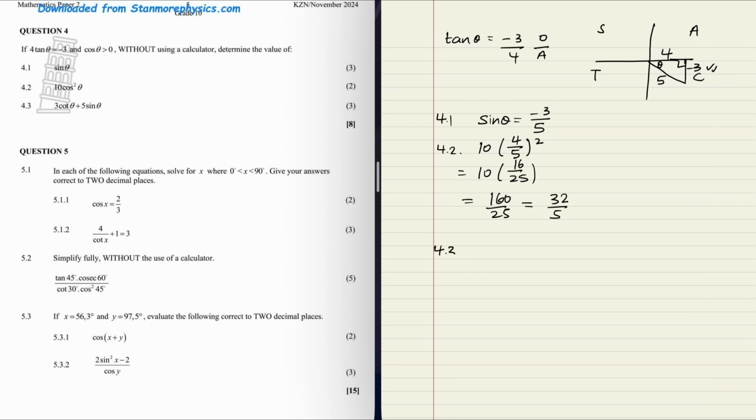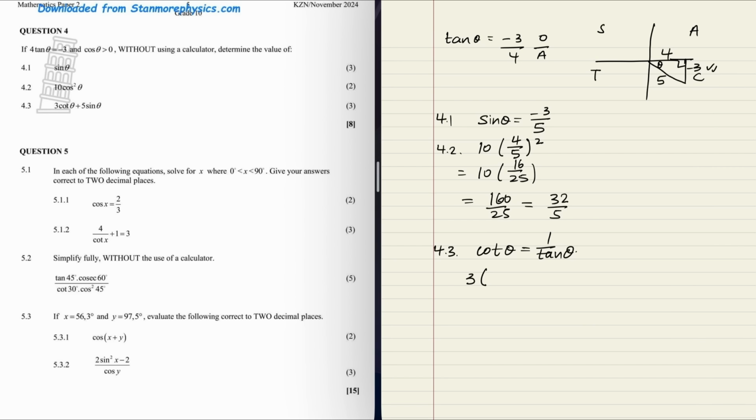Question 4.3, 3 cot theta plus 5 sine theta. Now remember that cot theta is the reciprocal of tan. So cot theta is equal to 1 over tan theta. So let's do some substitution here. So 3 into, now remember tan theta was minus 3 over 4.